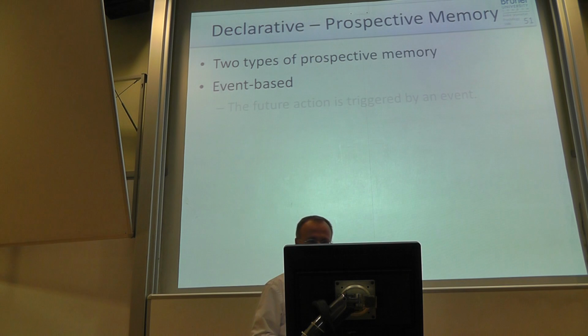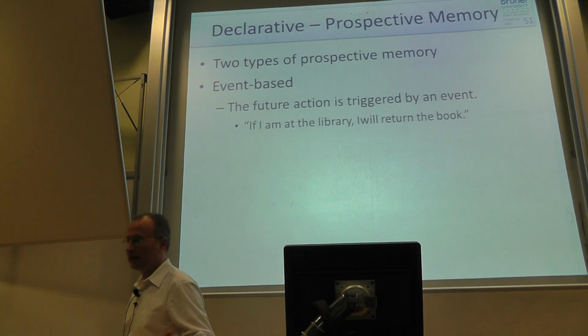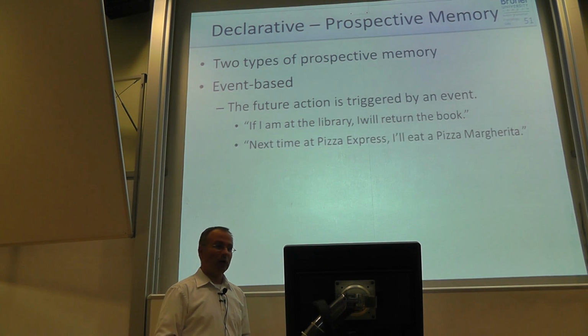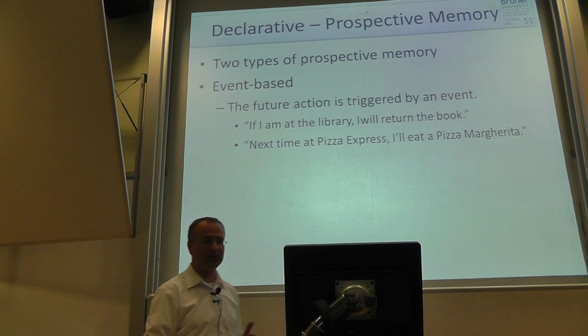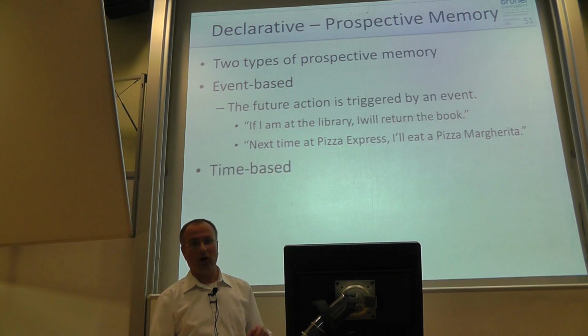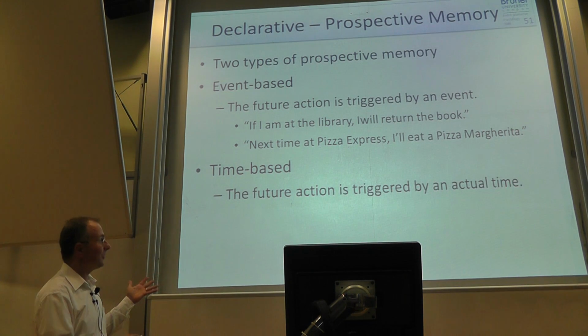There are basically two types of prospective memory, and that distinction is by what triggers our action. It can be event-based. So, for instance, if I am at the library, I will return the book. If not, then I will not. Or next time at Pizza Express, I will eat the pizza margherita. Or it can be time-based, an actual time.